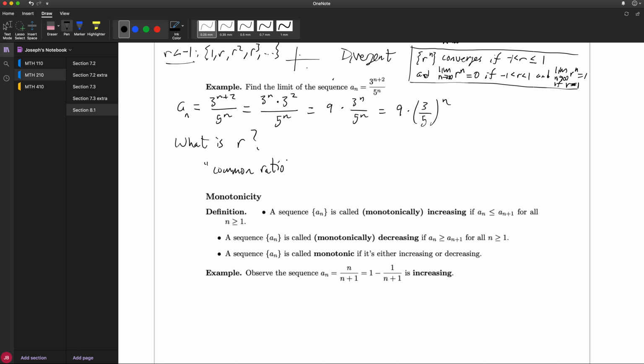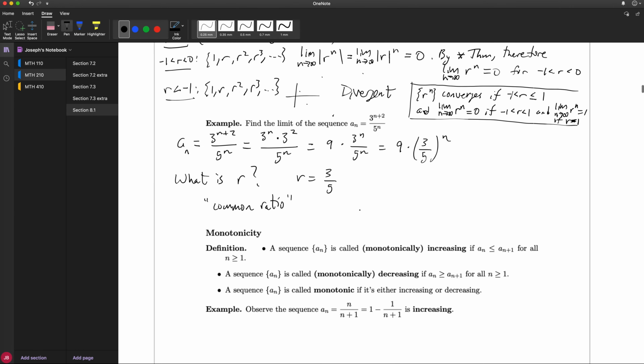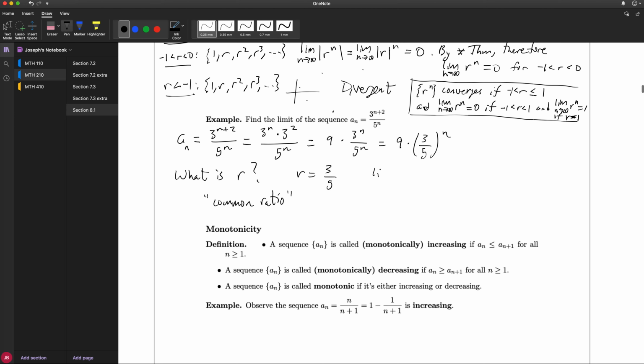Well, yes, I think r in this case is 3/5, right? It's the thing being raised to the n power. That's what a geometric sequence is. It's something being raised to the n power. And so now the limit as n goes to infinity of a_n is the limit as n goes to infinity of 9 times (3/5) to the n.